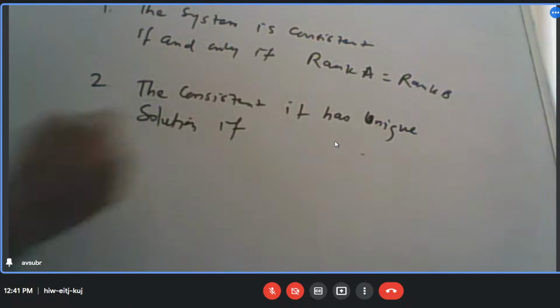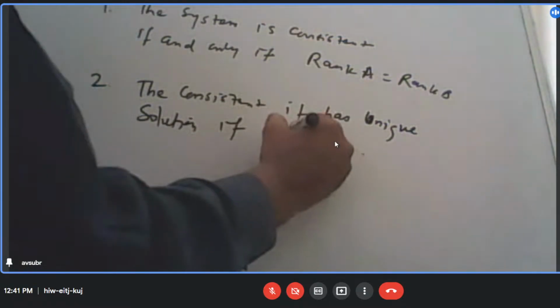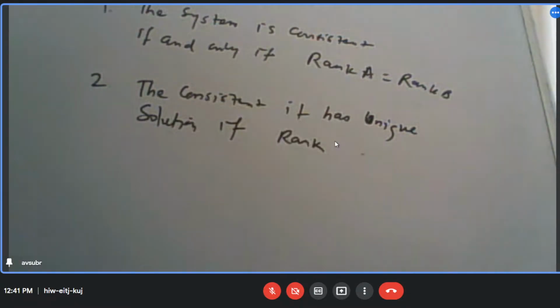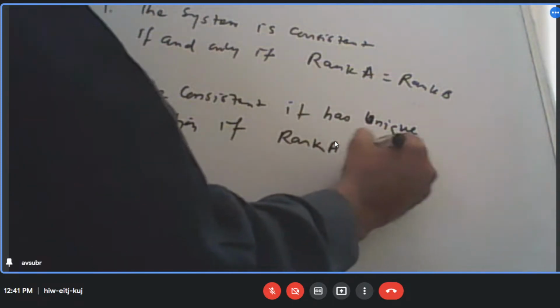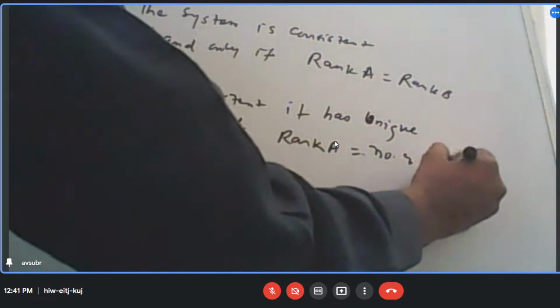If rank of A is equal to number of unknowns.